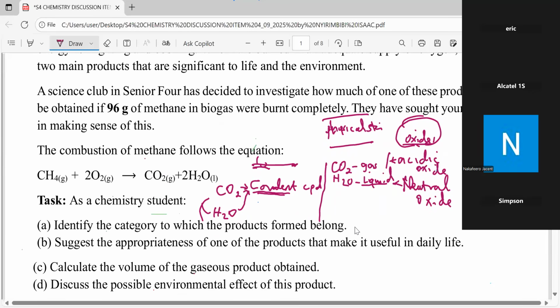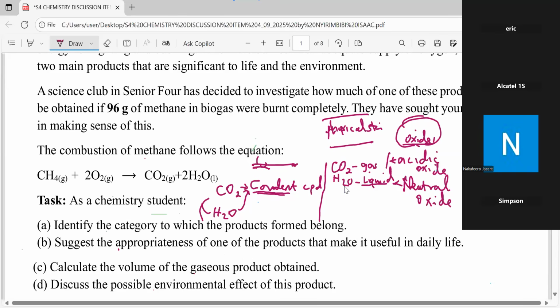Nakafel Jacinth, unmute. Yes, teacher. Good afternoon. Teacher, for me, part A is confusing. It says identify the category to which the products belong.